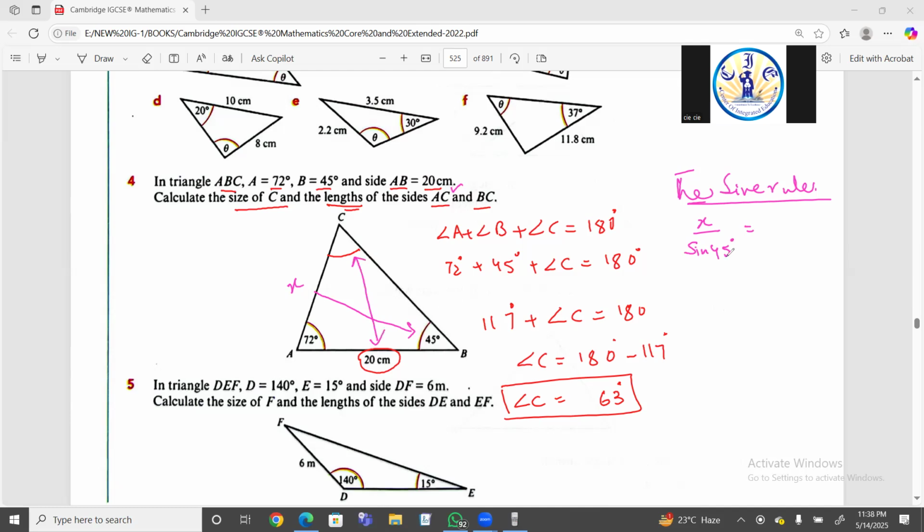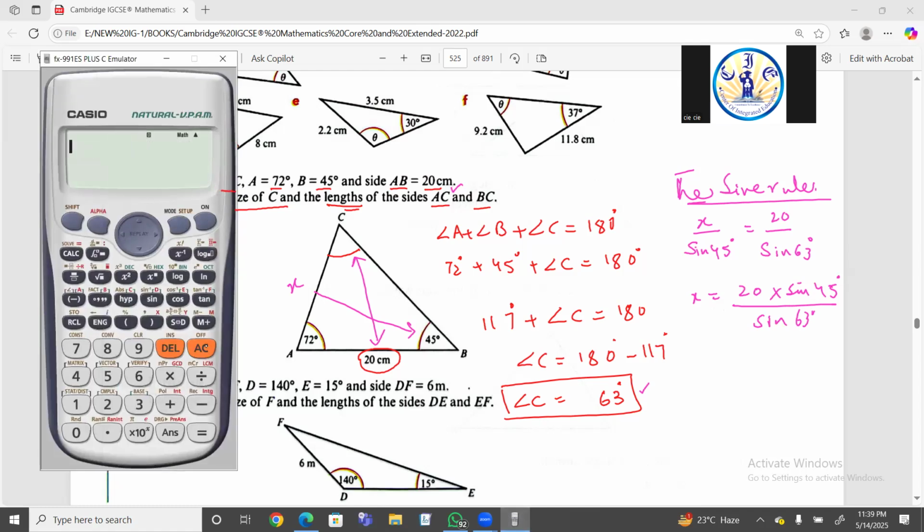The pair that was given in the form of 20 and then angle C, that is what we have found out now. So 20 divided by sine of 63 degrees. So the value of x is 20 times sine 45 degrees divided by sine of 63 degrees.